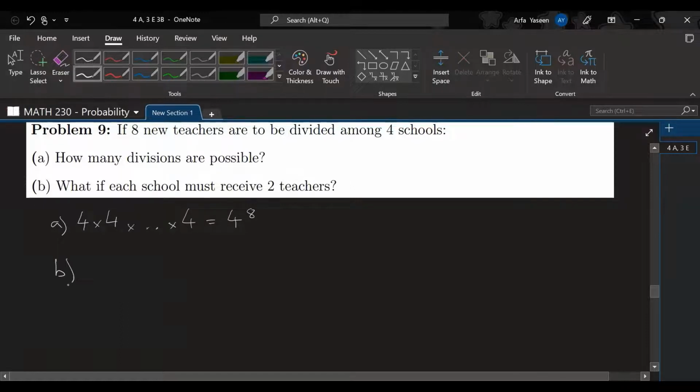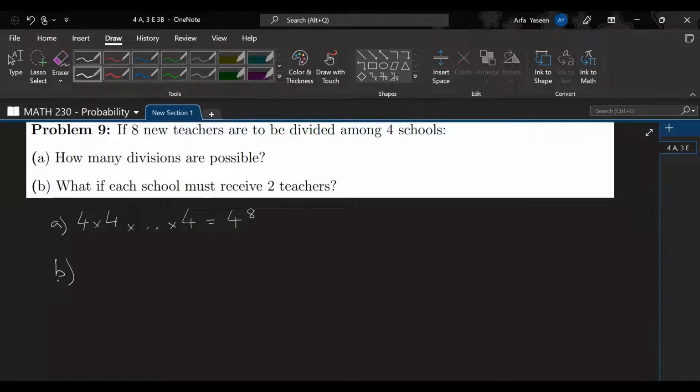In part B, we have to divide the 8 teachers in such a way that each school has 2 teachers. So again, when you have a big number and you have to divide it into multiple groups, then you use multinomial divisions.